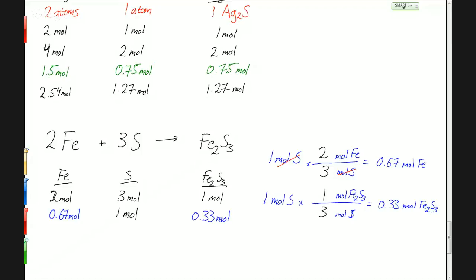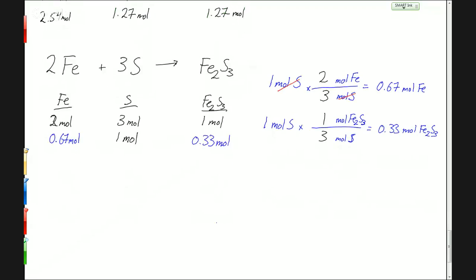So let's try another one. Let's say I give you 1.234 moles of iron. See if you can fill in what you would need for S and for Fe2S3.